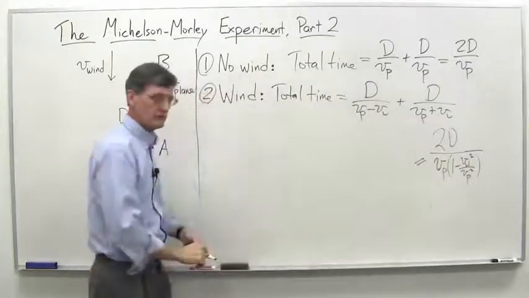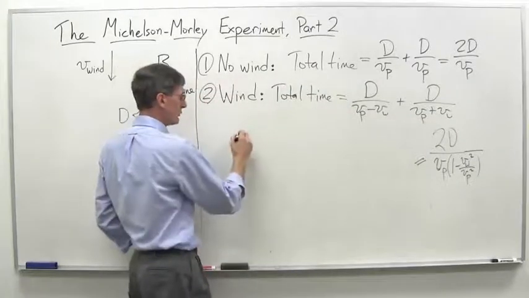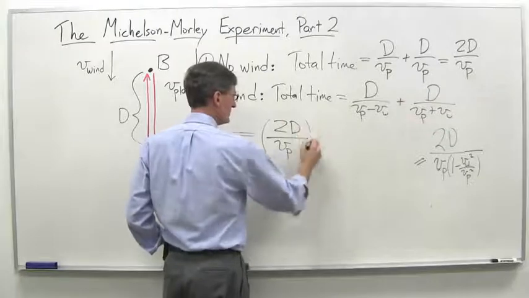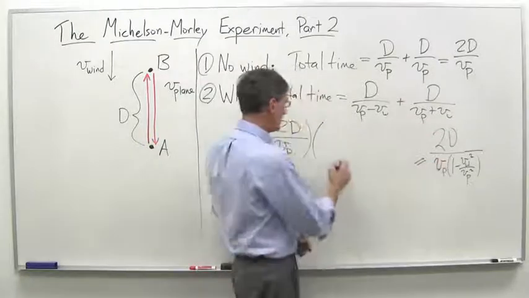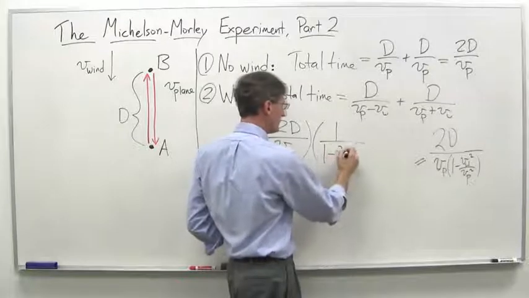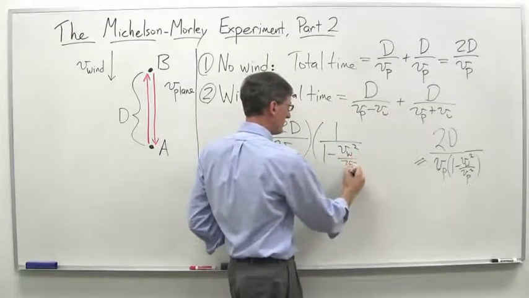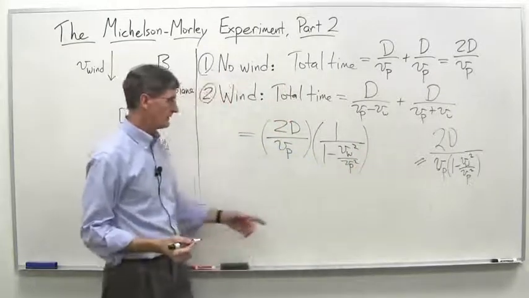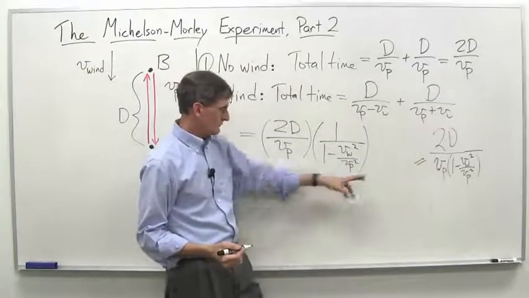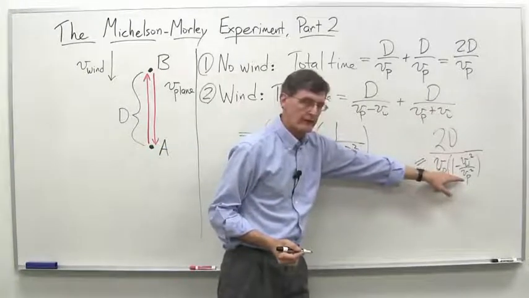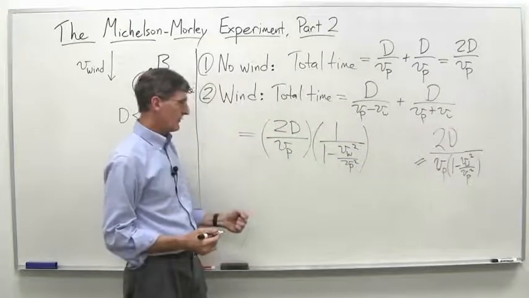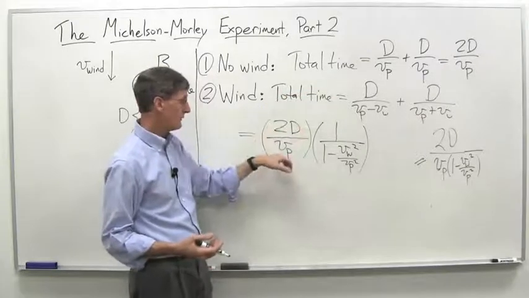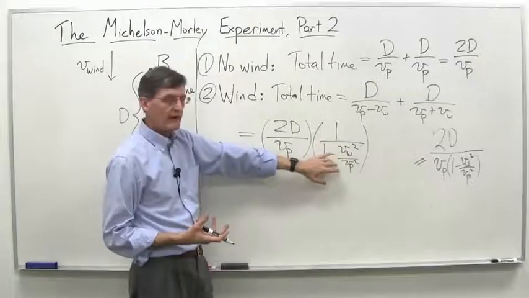So after a few steps of algebra, we find the total time with wind is going to be 2d over Vp, and then this second part of the term here, which is 1 over 1 minus Vw squared over Vp squared, like that. All I did to go from here to here is write this part of the denominator as a separate factor. And the reason I did that is to show very clearly, I had the 2d over Vp here, 2d over Vp, but it's not the same. I have an extra factor in here.